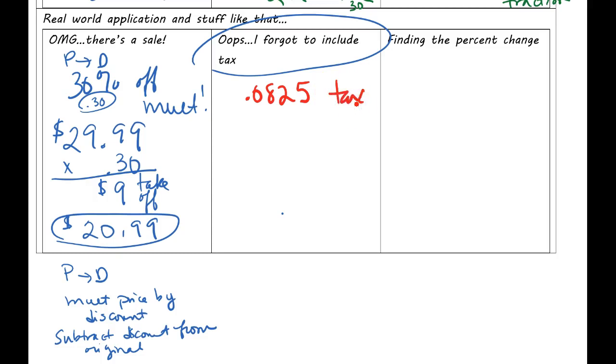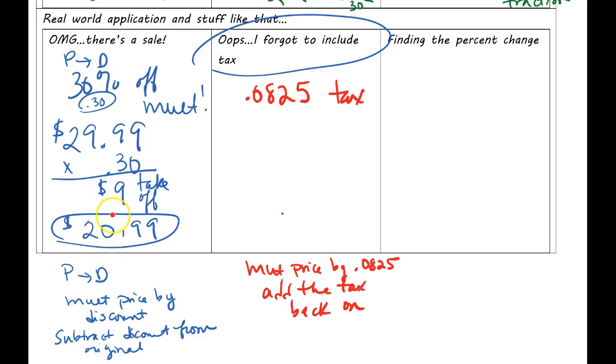So what you would have to do is the same process that we did over here. We would have to multiply our price by that 0.0825, okay? And then add that amount back on. Add the tax back on.